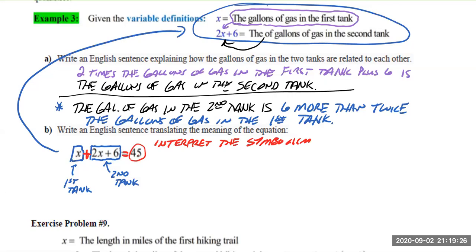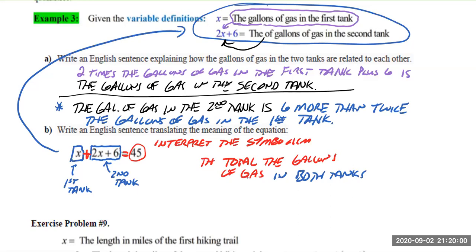So we can interpret that as: if we total the gallons of gas in both tanks, we can basically say that the total gallons of gas in both tanks is, which equals, 45 gallons.